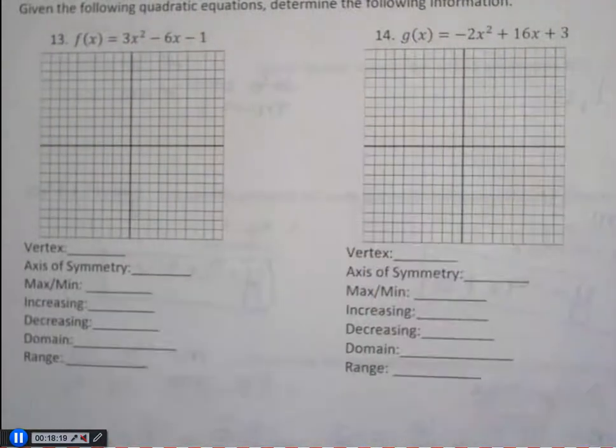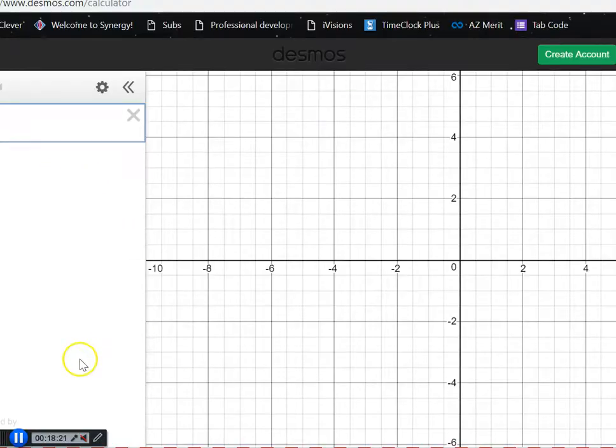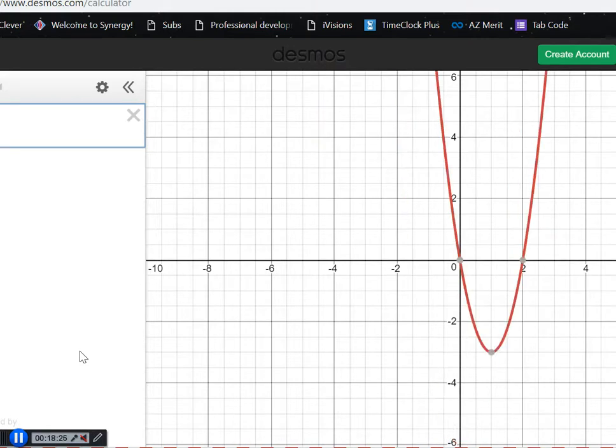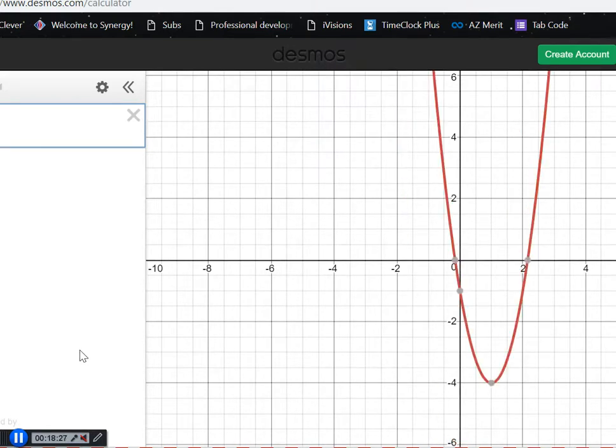So really quickly, I'm going to go to Desmos and type in my first equation. I'm going to click the low point on this graph, which happens to be (-1, -4).